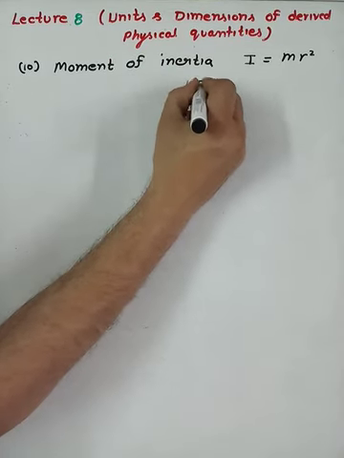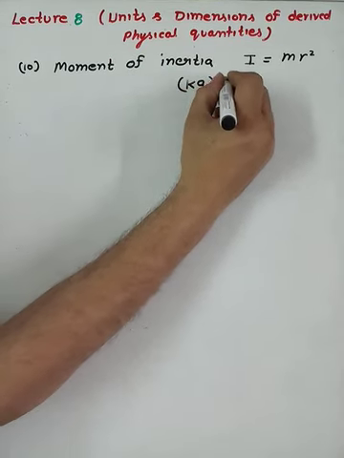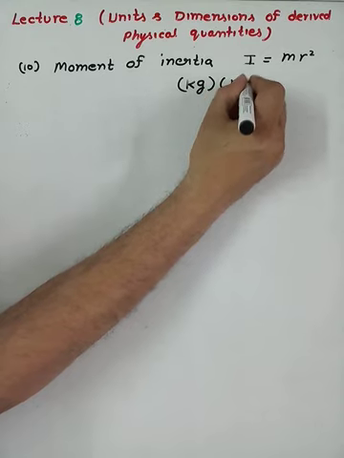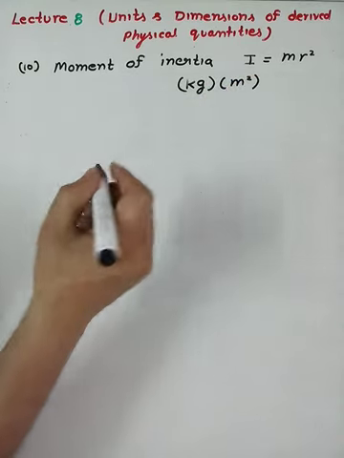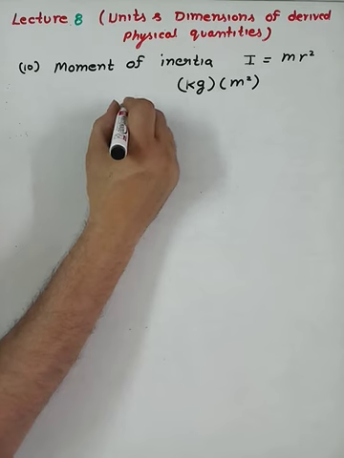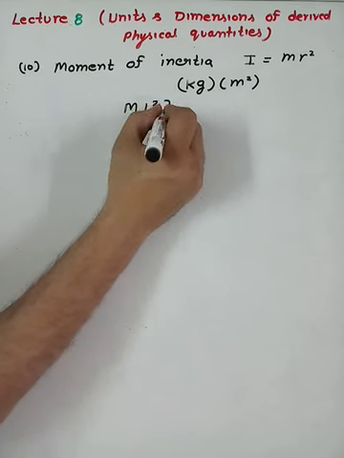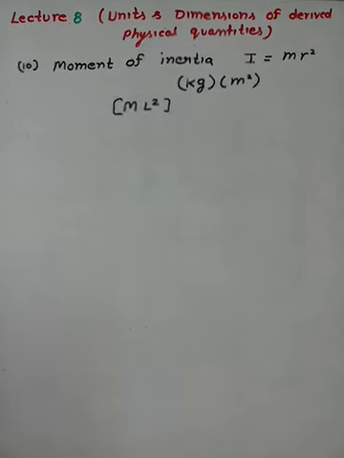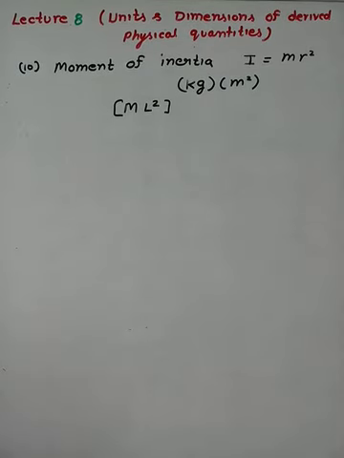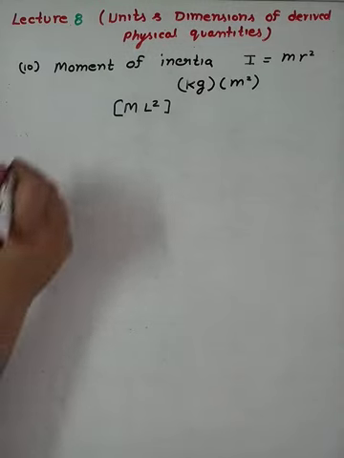Its unit is kg meter square and its dimension: kg is M, meter square is L². That means there is no dimension of time. Moment of inertia is a tensor quantity.